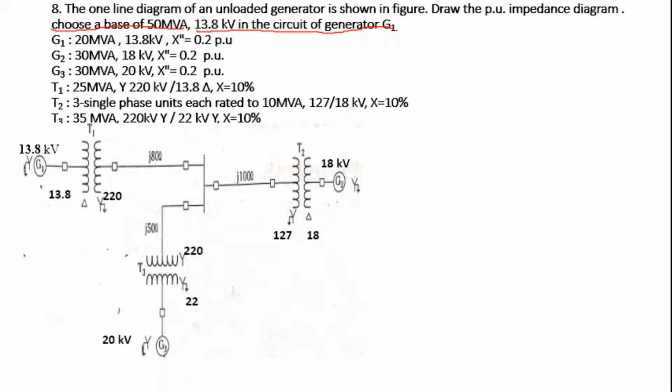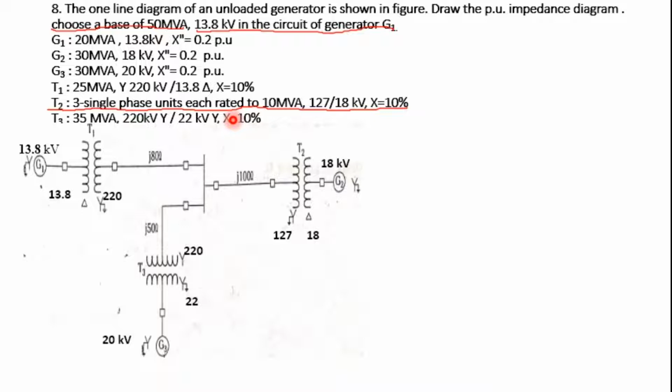You have to note here that T2 is three single phase units, each rated 10 MVA, 127 kV to 18 kV, reactance of 10%. So this is something different compared to the earlier numerical we solved. And T3 is 35 MVA, 220 kV star side, and 22 kV also star side, X is 10%.